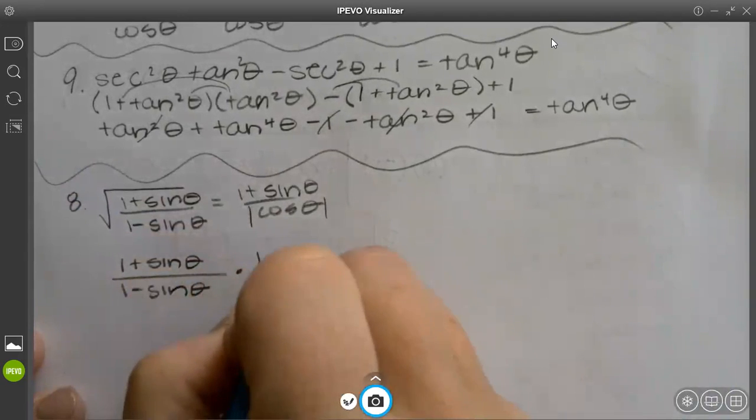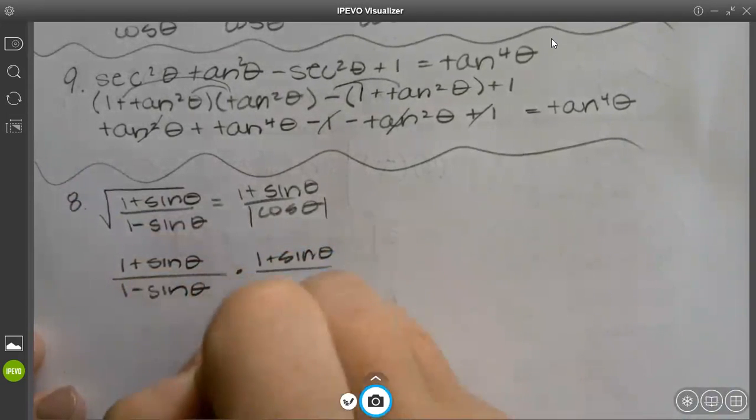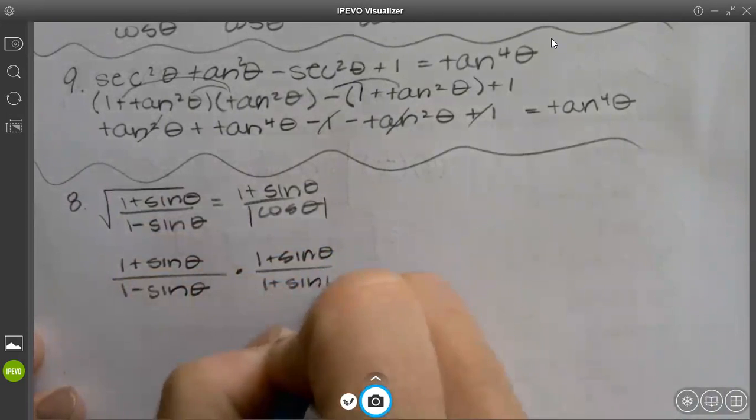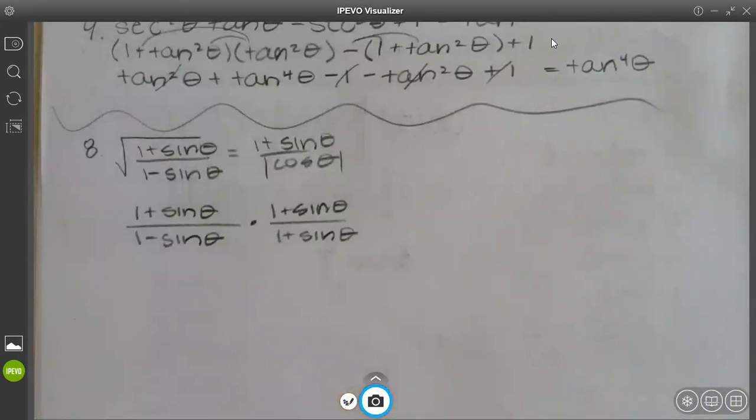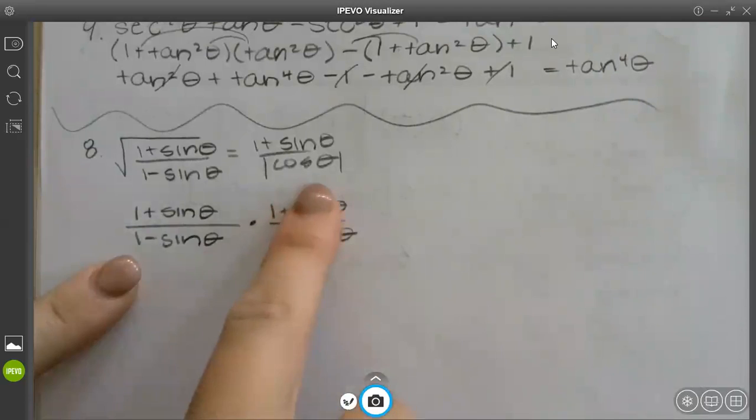Conjugate. How many times have we done that? Quite a few, right? The reason that we do that is because we can't separate the top and the bottom. We can't fix it. So this is how we're going to fix it. You want to get the bottom to cancel out, period.